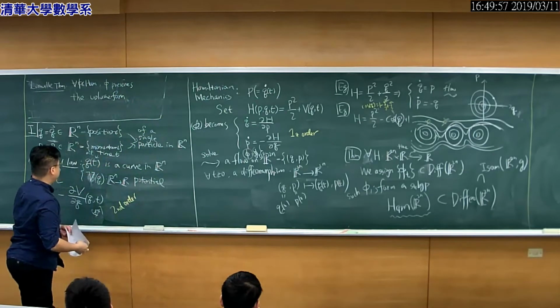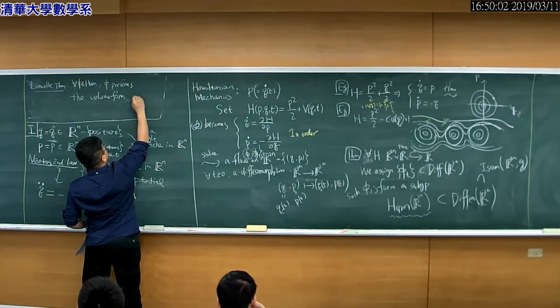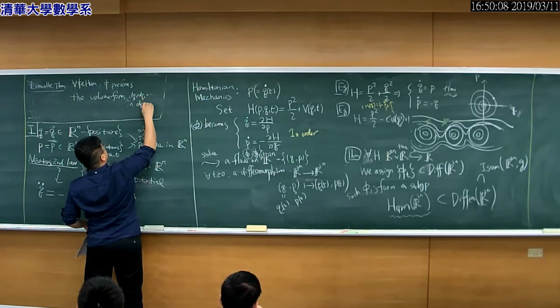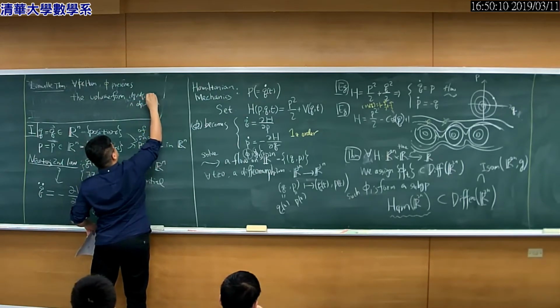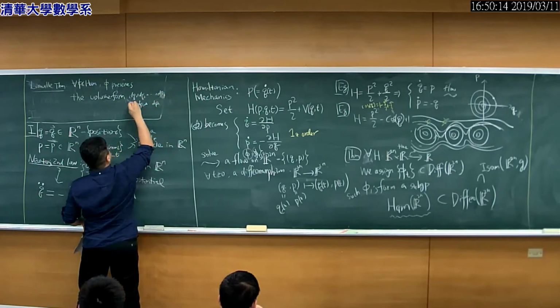So what is the volume form here? On R^n, the volume form is dq1, dq2, and so on. This is the volume form.